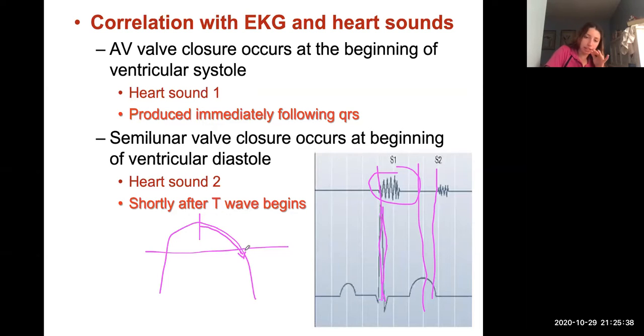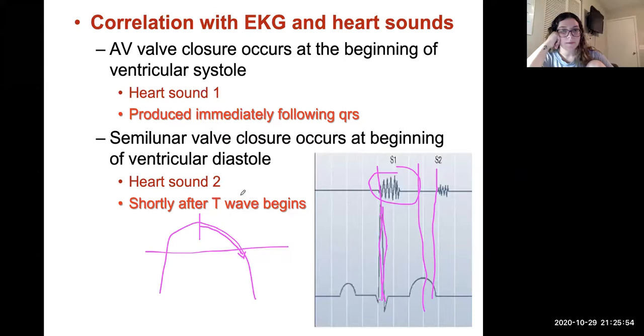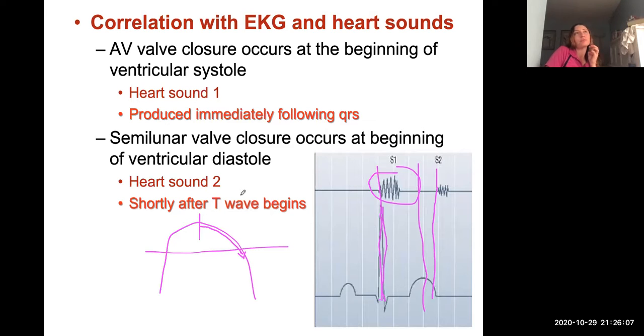Once it gets below, which is at the end of repolarization of the cells, then that sound will happen because the semilunar valve is slamming shut. So the T wave is occurring at the end of the ejection phase? Yes.